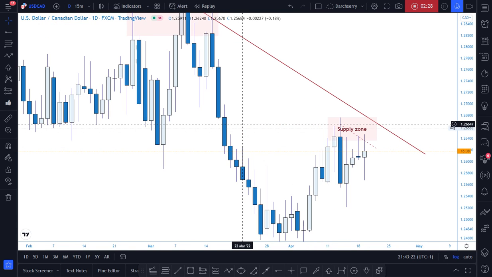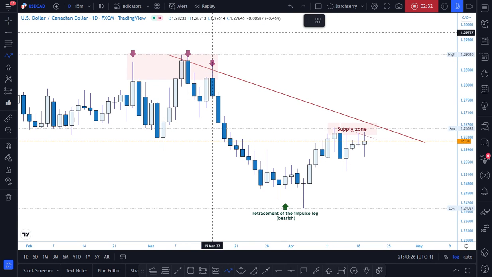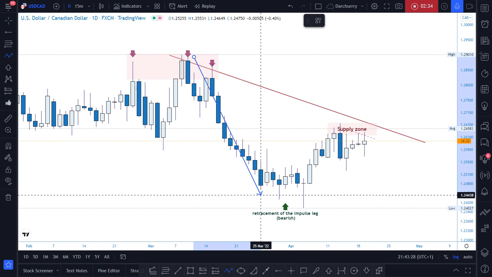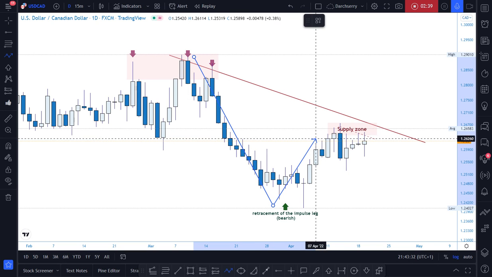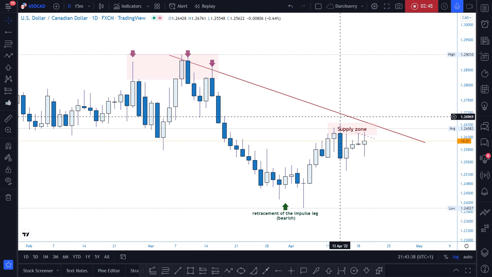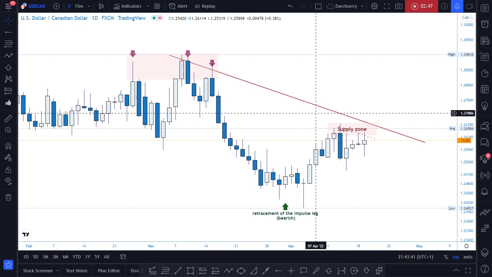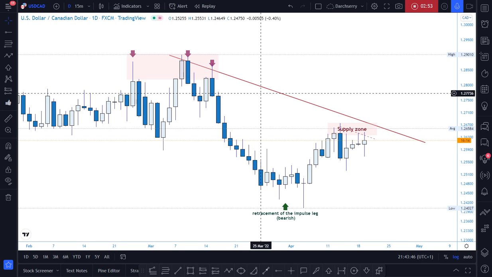And why am I saying that? Remember I stated that there was a bearish impulse leg, and price might be doing a retracement of that impulse leg to meet that trend line, which will also share a confluence with the culmination of the retracement.